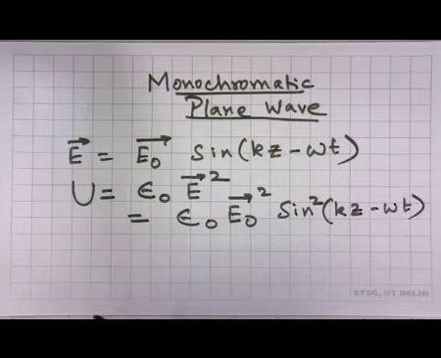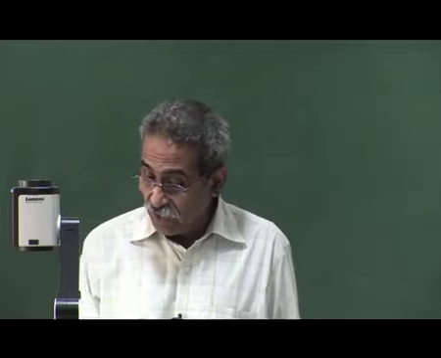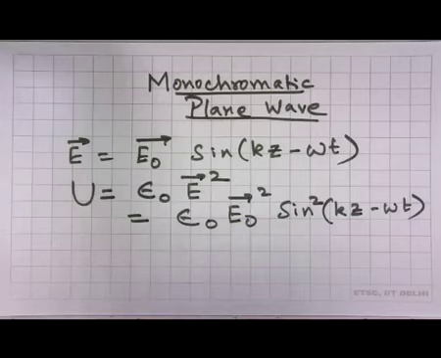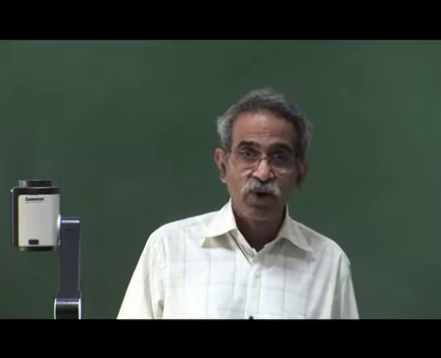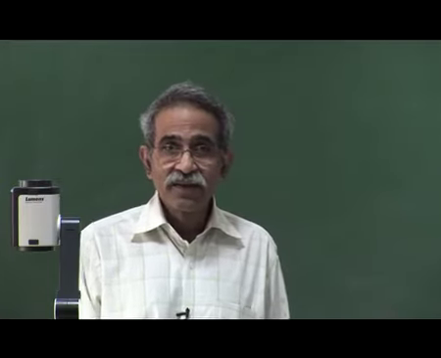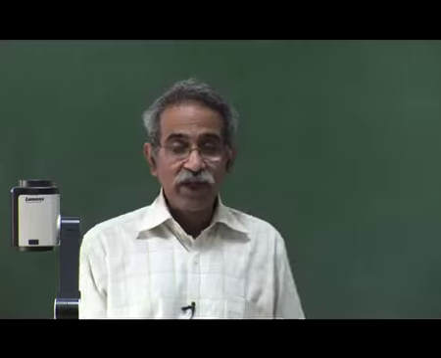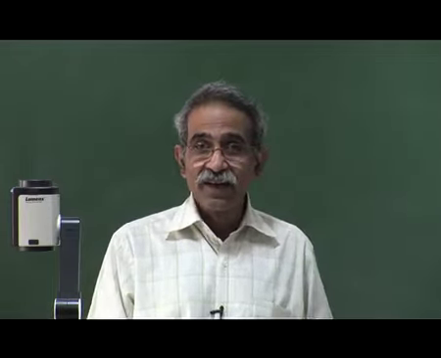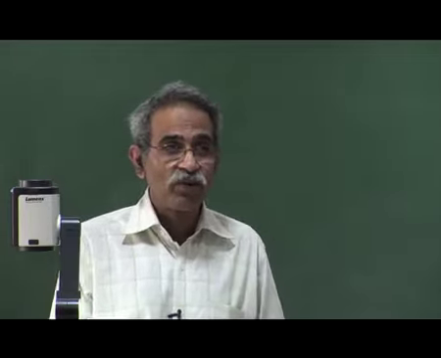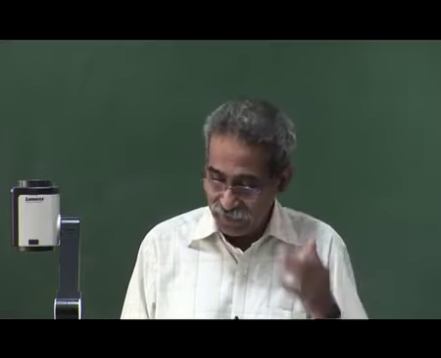So, at any given point, the energy oscillates between 0 and epsilon naught E naught squared. In the visible range, the frequency is of the order of about 10 to the power of 14 or 15 hertz. That means in 1 second it is oscillating 10 to the power of 14 or 15 times. We cannot measure that.